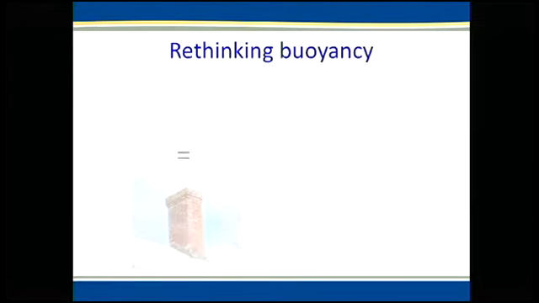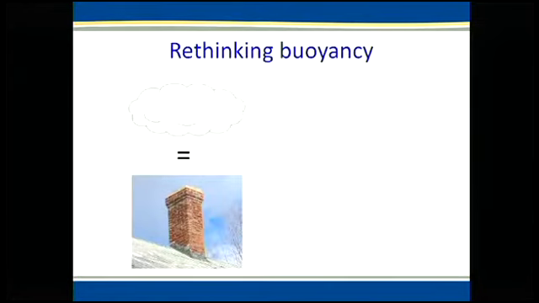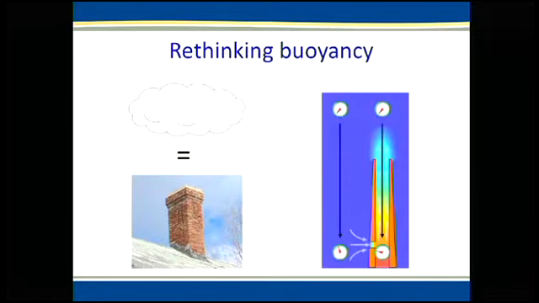So this equation looks kind of opaque, but my claim is that all it's saying is that you can think of clouds as being driven in the same way that chimneys act. So if you look up on Wikipedia how a chimney works, you'll get this image. And this is just saying that if you have a column of warm air, then that column is lighter than the environment, so its hydrostatic pressure is lower.